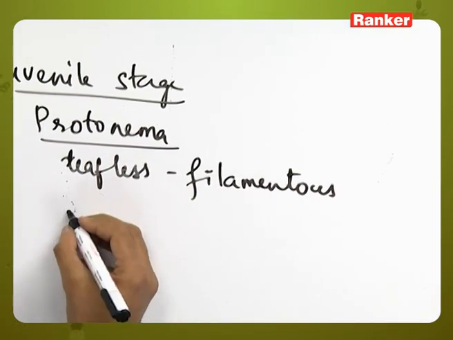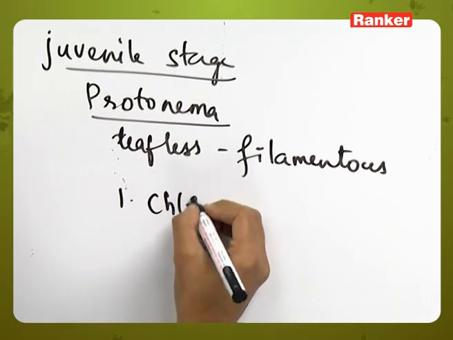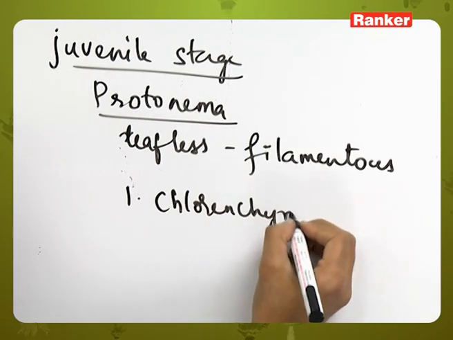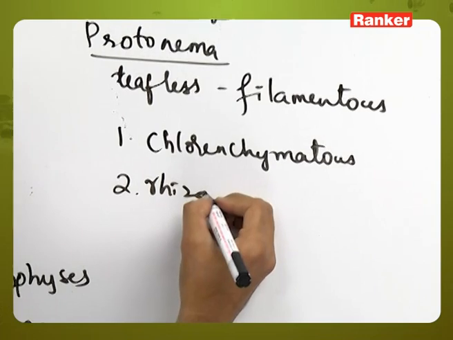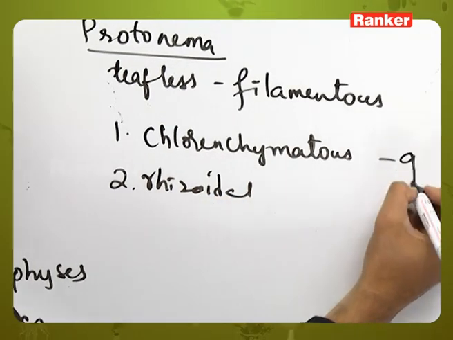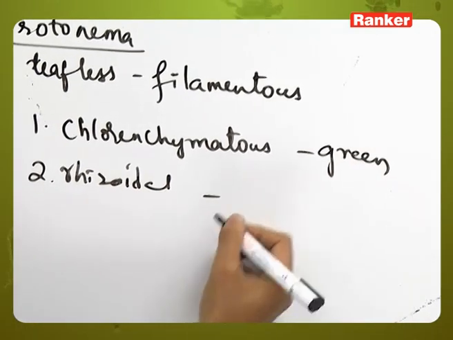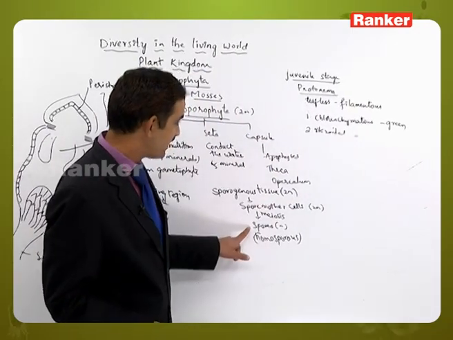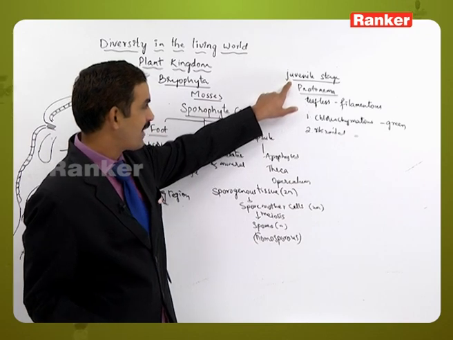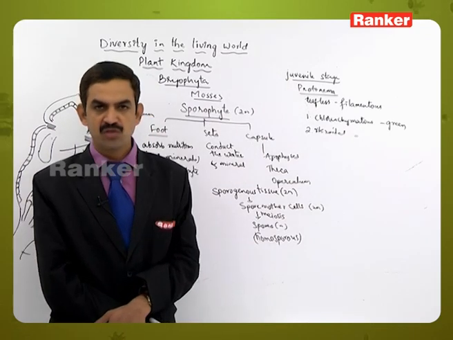It contains two types of filaments. One is chlorenchymatous filaments and the other is rhizoidal filaments. Chlorenchymatous filaments are aerial and green, whereas rhizoidal filaments are non-green and grow into the soil. So when the spores germinate, they form the juvenile stage of the gametophytic generation.